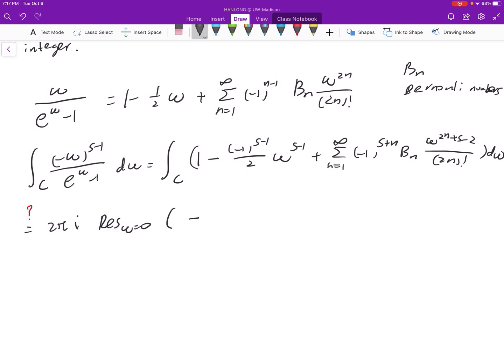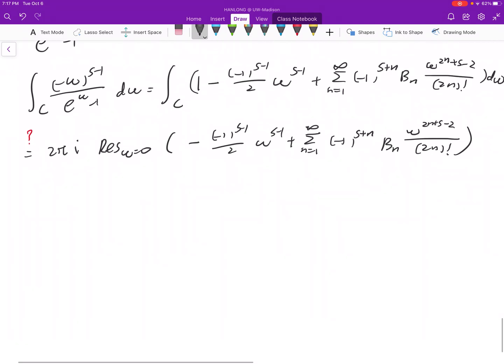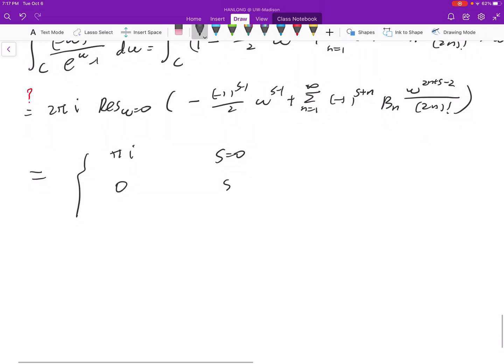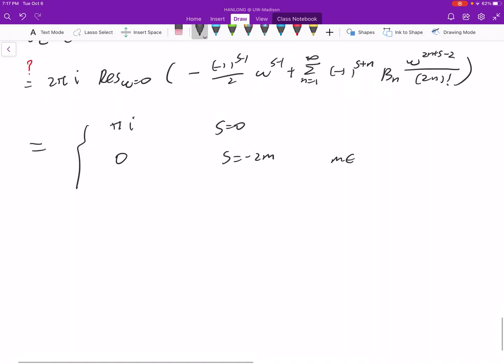So negative 1 to the s minus 1 over 2 omega to the s minus 1 plus the sum from n equals 1 to infinity of negative 1 to the s plus n B_n omega to the 2n plus s minus 2 divided by 2n factorial. And then you have three possibilities. If s is 0, then this is pi i. If s is negative even numbers, it's 0.